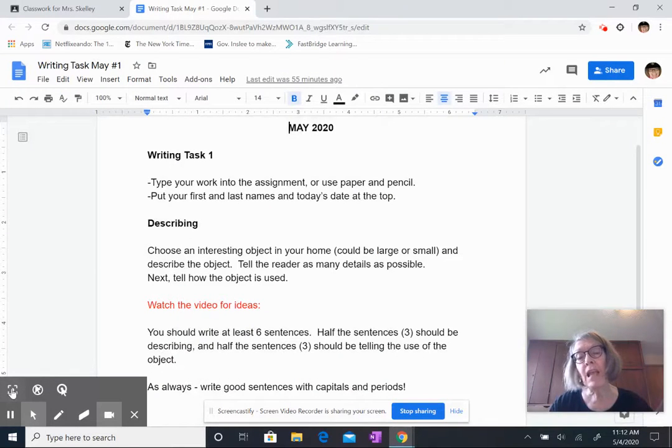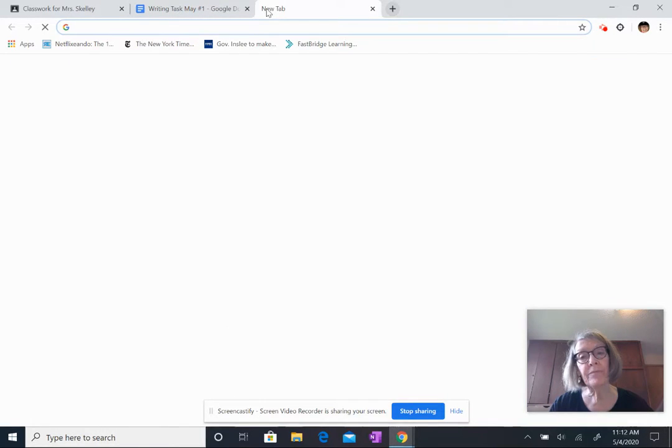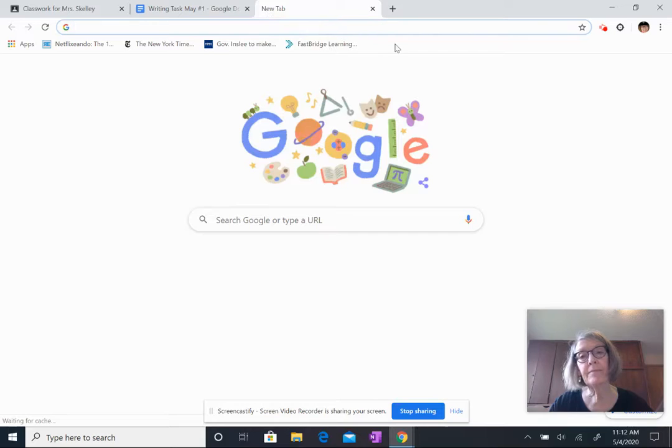I have an example for you of how to do that. I'm going to find a picture I sent to myself of an object and let you see how I might describe that object. Going to my mail.